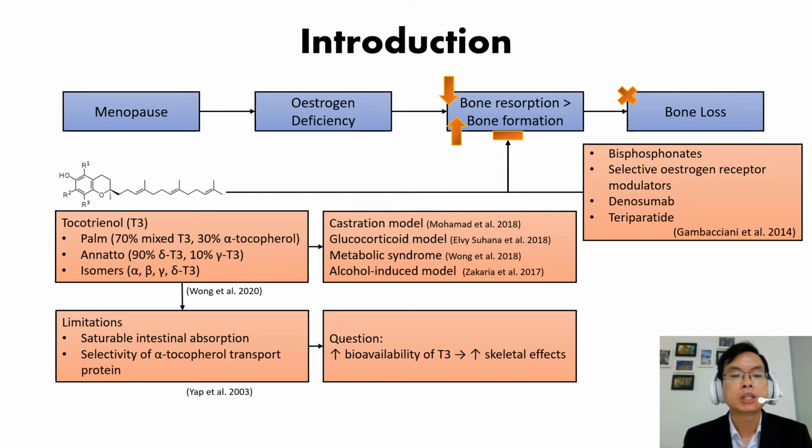However, the application of tocotrienol does come with some limitations, whereby its bioavailability is inhibited by saturable intestinal absorption and selectivity of tocopherol transfer protein. The question remained whether increasing the bioavailability of tocotrienol will increase its skeletal effect.